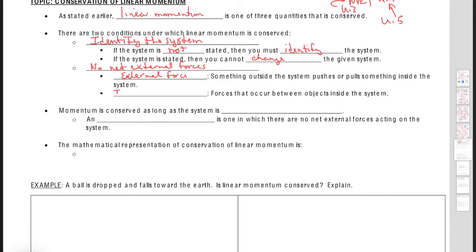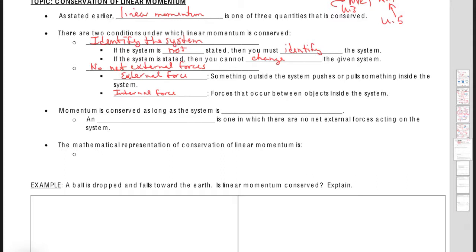An internal force is a force that occurs between objects inside the system. So if you identify the system as moon-earth, any effect of gravity would be internal. But if you say it's just the moon, then Earth's gravitational pull would be an external force, pulling the moon towards the earth.